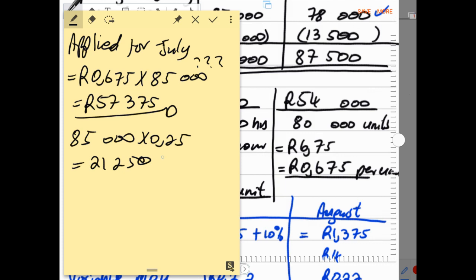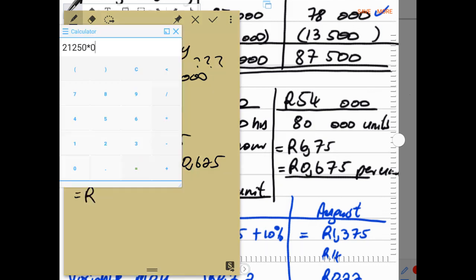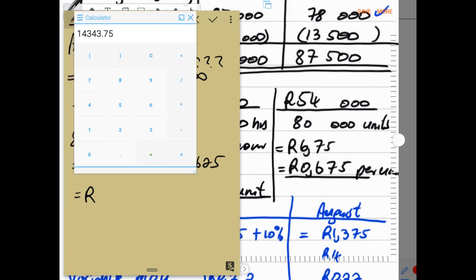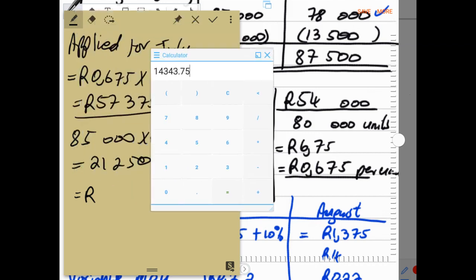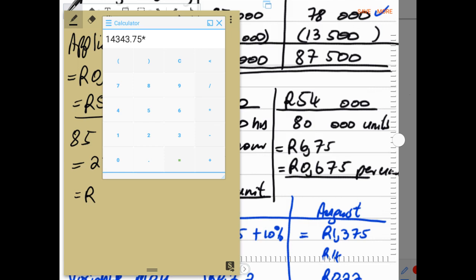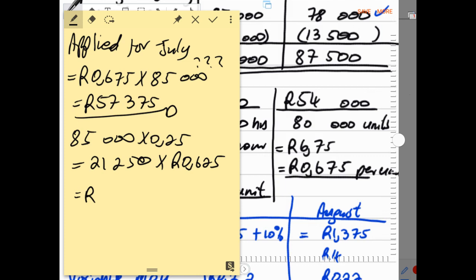So we could have said 21,250 hours times 0.625.